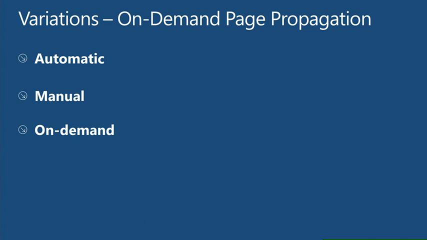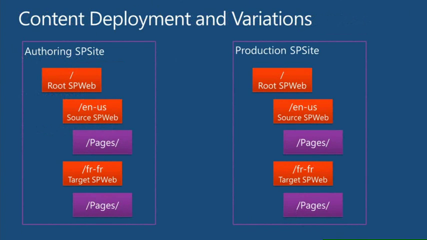Now that's great the first time you do a page. Let's say we edit this page here in the English, or rather the American website, and as we approve that English version, a French one is created.